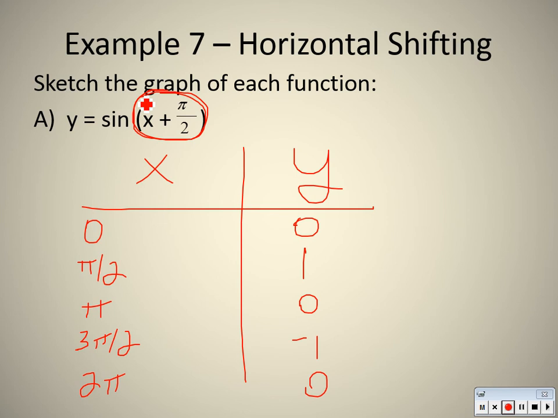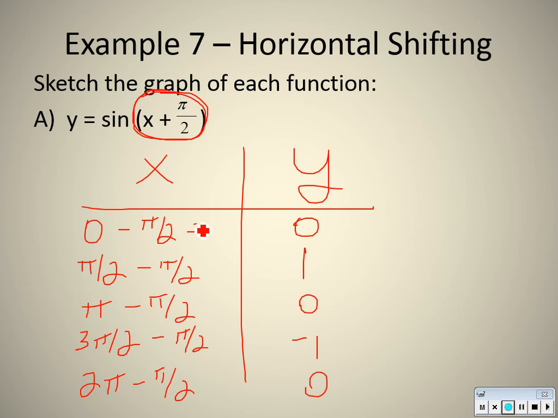What I want to do mathematically to shift everything to the left is subtract pi over 2. So every point here gets subtracted by pi over 2, and the reason I'm subtracting is because adding in the parentheses shifts the graph to the left. And by shifting to the left, I want to take each of these coordinates and subtract.